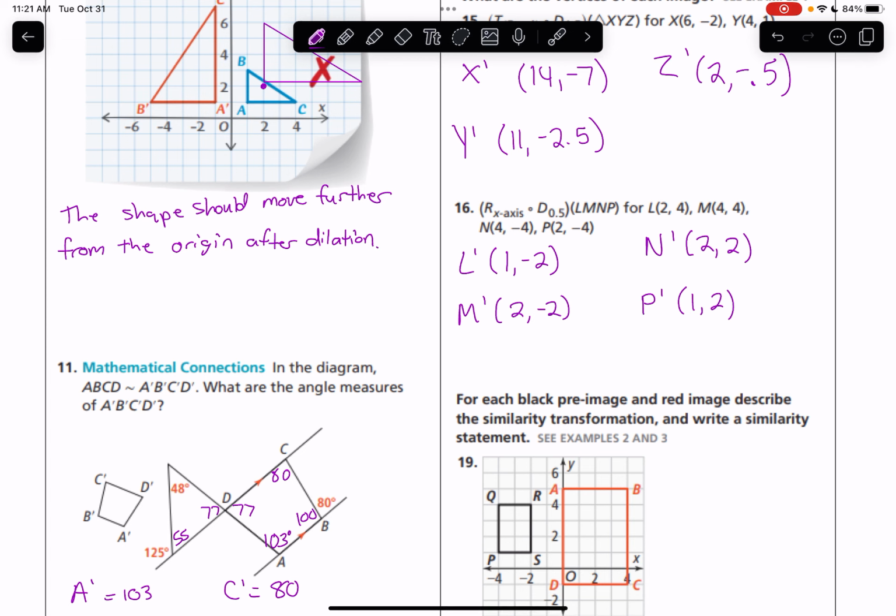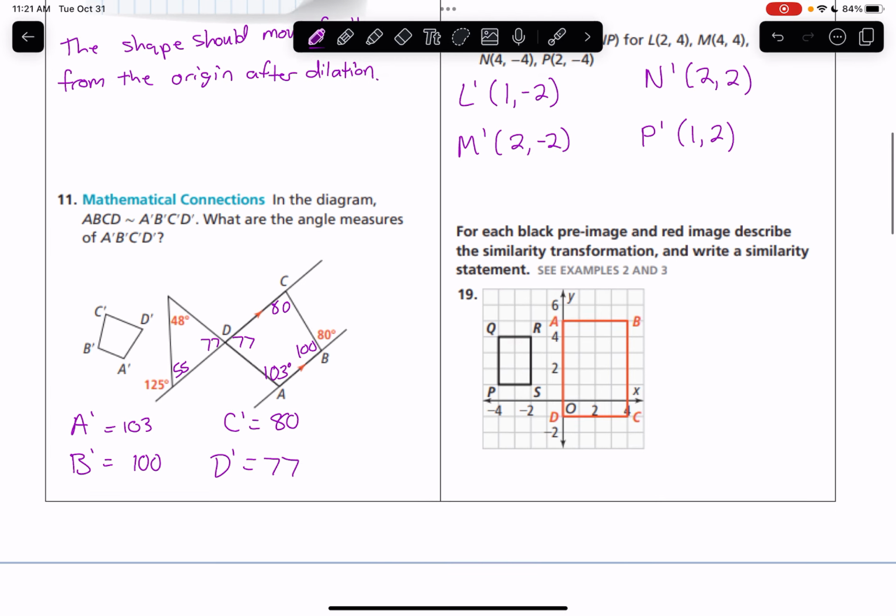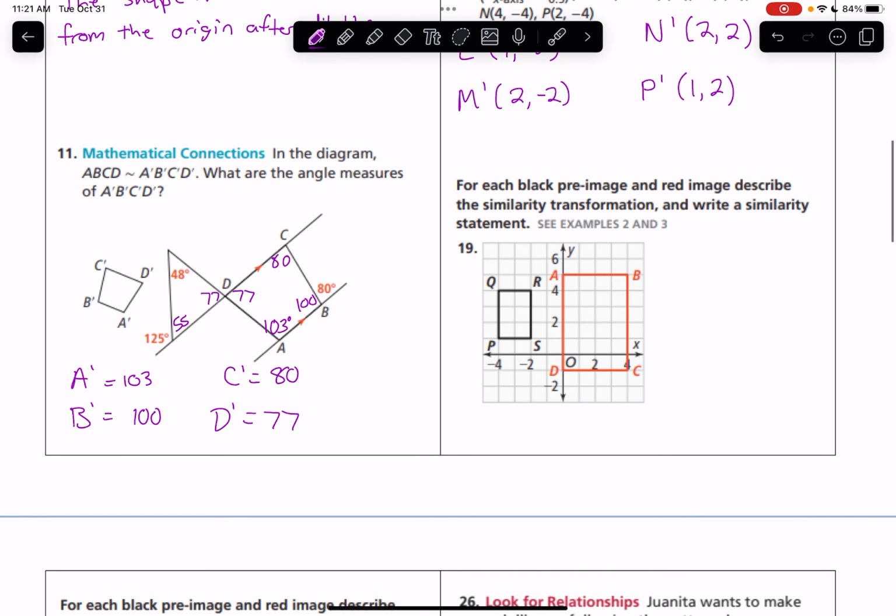All right, number 19, for each black preimage and red image, describe the similarity transformation and write a similarity statement. So let's see, if we take this shape and we move it, we can move it a lot of different places, but maybe I'm going to move it so that the corner of the new shape matches up with the corner of the old shape. So maybe I'll move it right over to here, just like that.